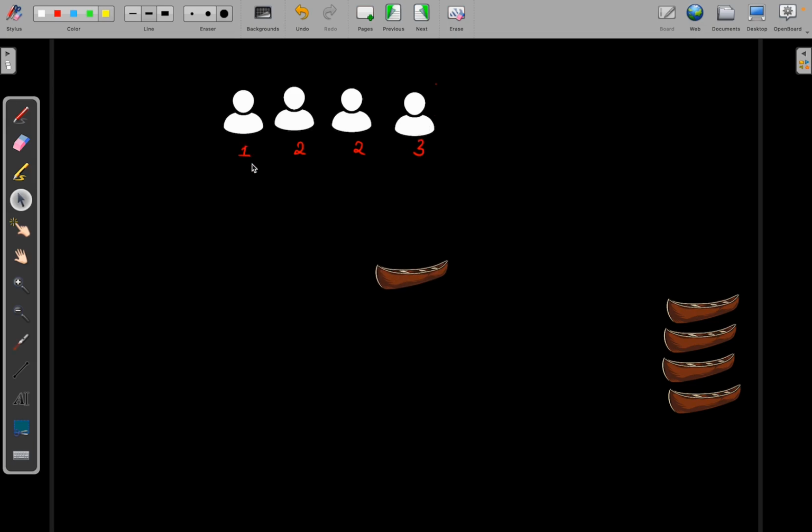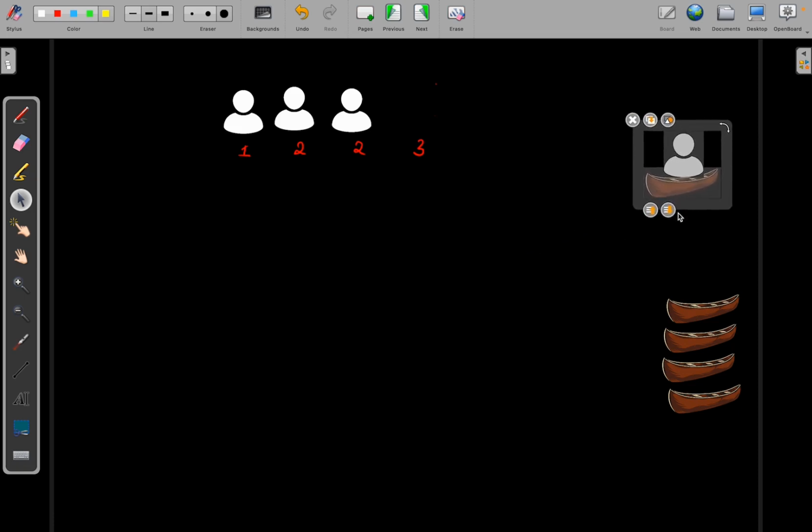Who should go into this canoe? Should I place two persons here? If I go with simple logic, I should fill it with the maximum weight first. So I will fill it with the person of weight 3, and this is done.